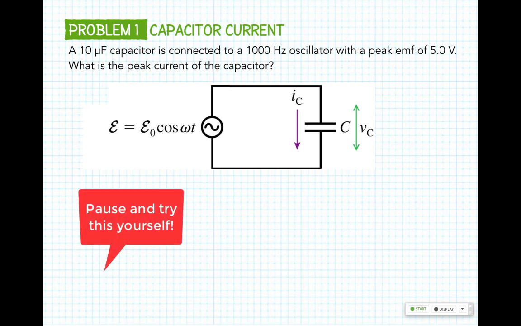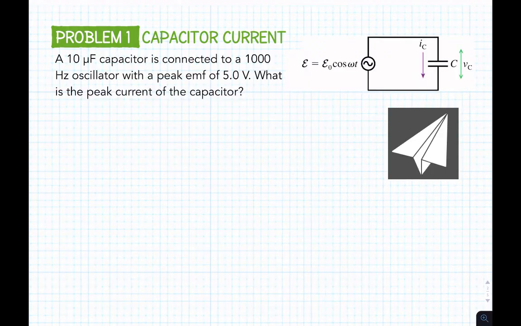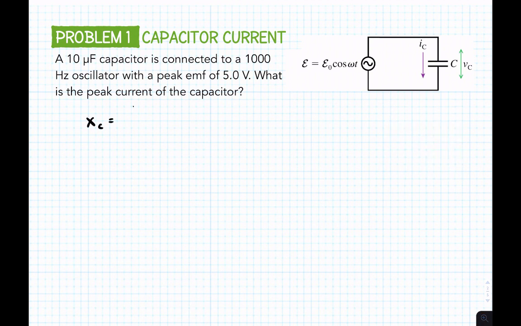Let's try a problem. We have a 10 microfarad capacitor, a 1,000 hertz oscillator with a peak of 5 volts, and we want to know the peak current of the capacitor. The first thing we want to do is figure out the capacitive reactance. It's going to be 1 over 2 pi times frequency times C, because it's asking for omega, but what are we given? 1,000 hertz.